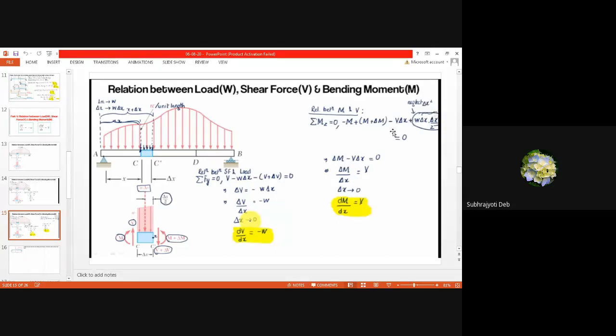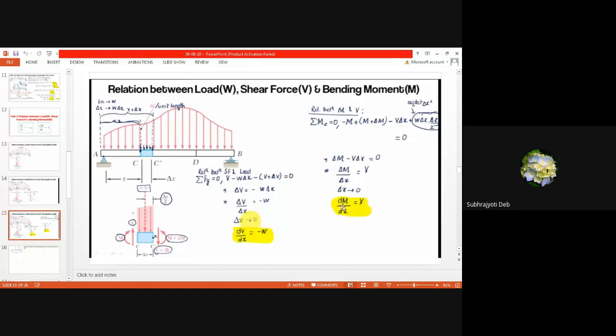Ultimately you will get delta M minus V into delta X is equal to 0. If you simplify this, delta M by delta X will be equal to V, and again from the limit formula, if delta X tends to 0, we can write dM by dx will be equal to V.